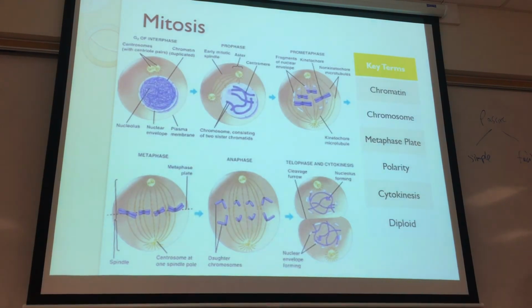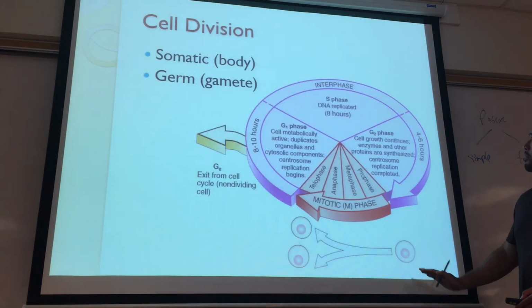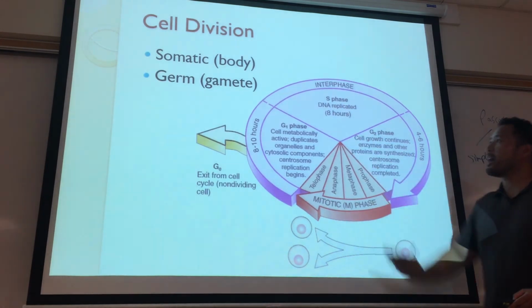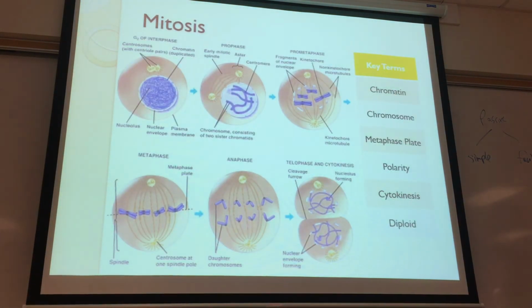The process of mitosis, again, looking back at what's taking place. At the beginning of mitosis, we've already duplicated everything: the organelles, the enzymes, the DNA. Now we're going to start to prepare for the division. And we've knocked off a couple terms already. We've talked about chromatin, chromosomes.